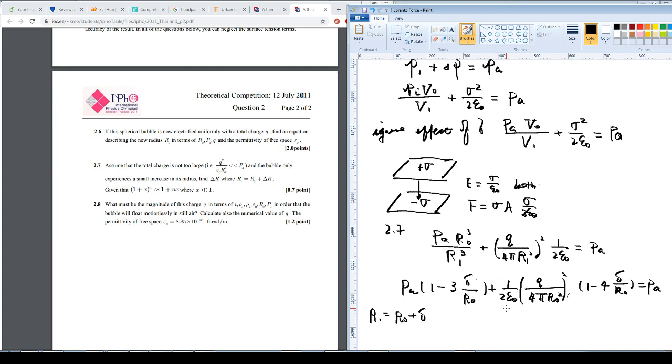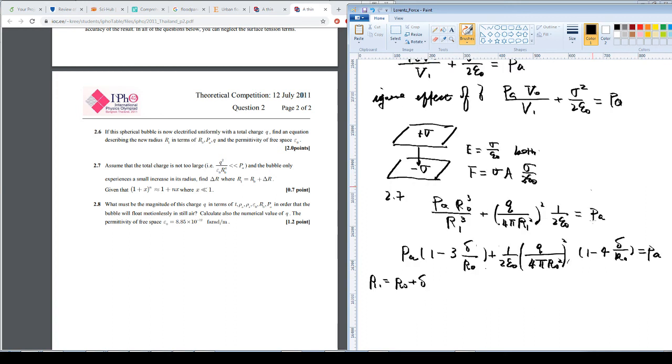Then the delta can be solved. Sounds good? Yep. Okay. And the final question is again, average density must be the density of air.